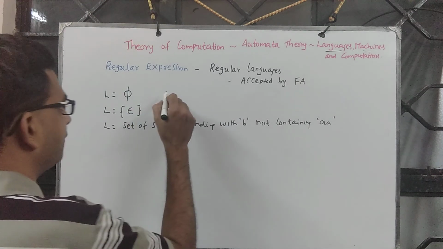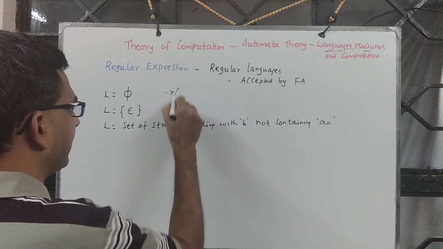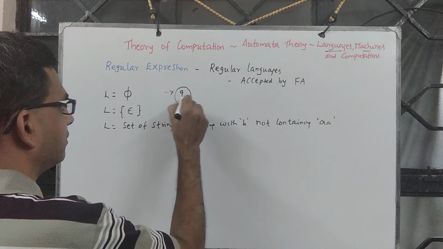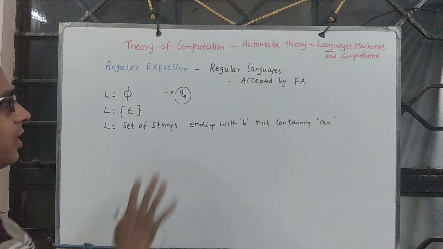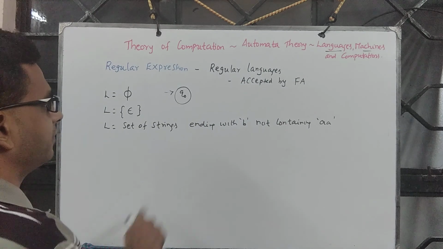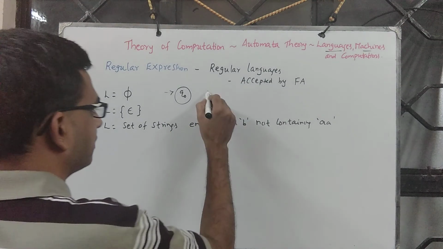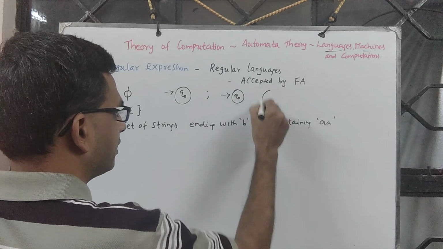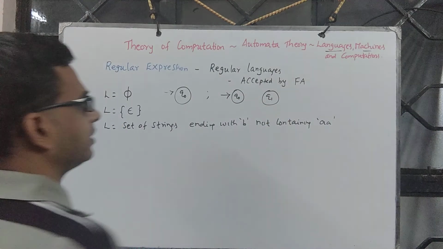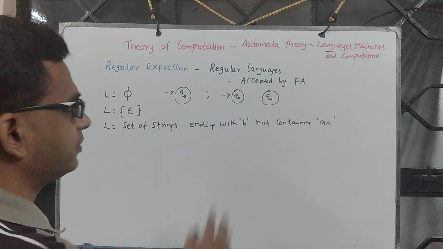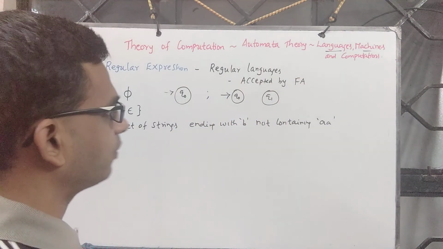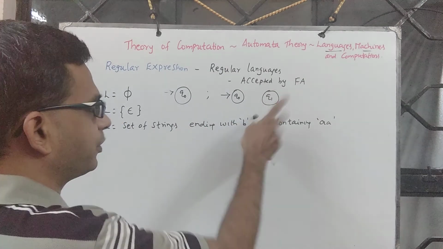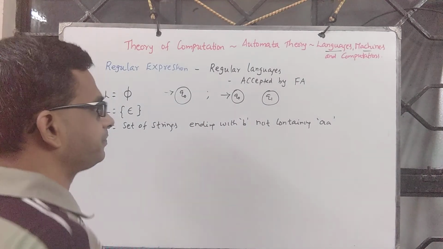For example, for this one, we say a state and no final state at all, which means it accepts the empty set. Or it could even be a two-state automaton, say this, and you see that there are no arrows from Q0 to Q1.